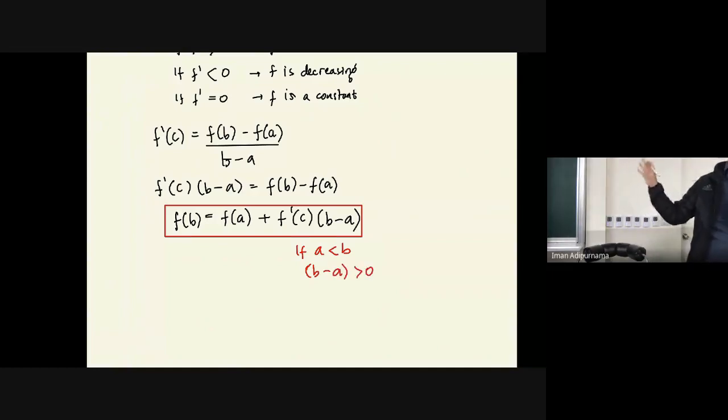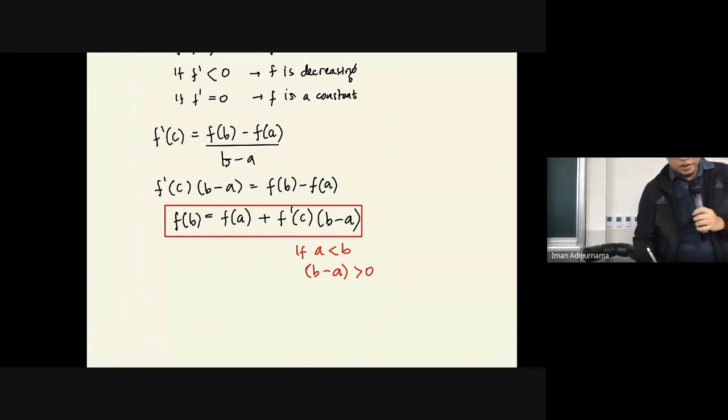So what I'm doing here is, if you see the formula, if b minus a is always positive and f of b and f of a are always fixed numbers, then the one deciding whether the value will be minus or plus is f prime, right?